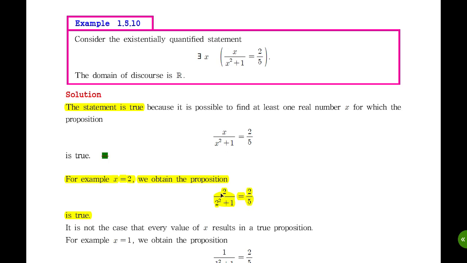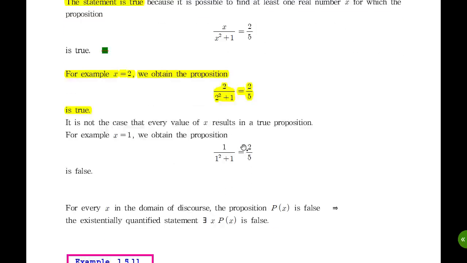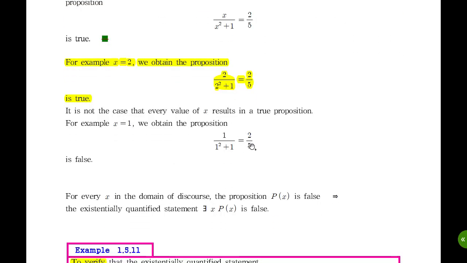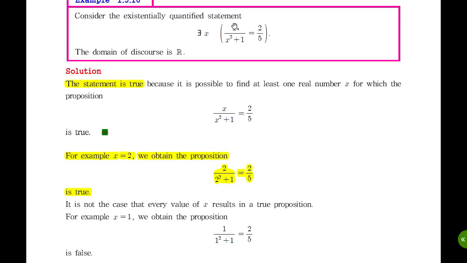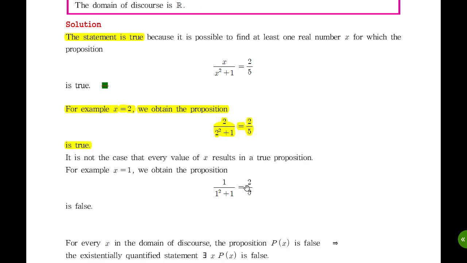So it satisfies this equation, which means there exists x, namely 2, that satisfies this. So this is a true statement. But this is not true for all x, because there are other values that do not satisfy this.